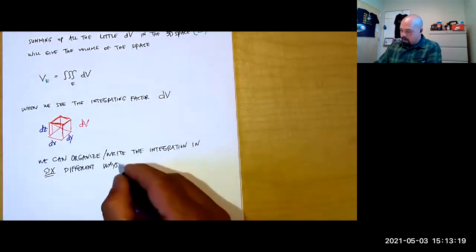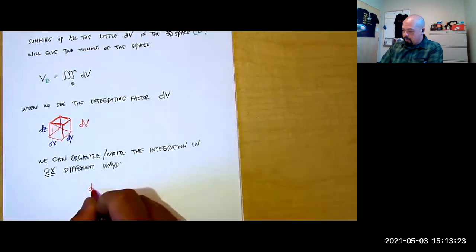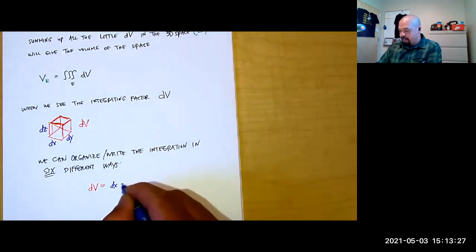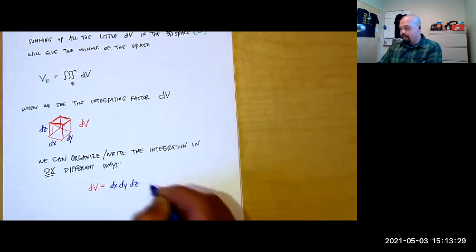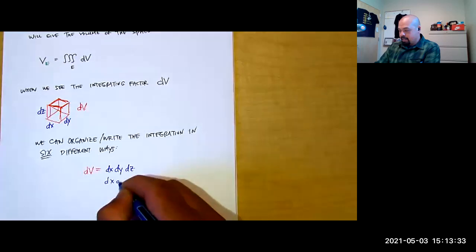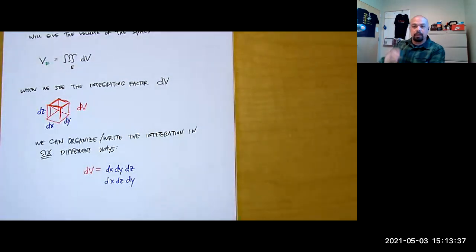Right? We can see that dV can just be alphabetically dx, dy, dz. It could be dx, dz, dy, right? Just kind of switching the order, the permutations, if we've taken statistics and so on before, right?